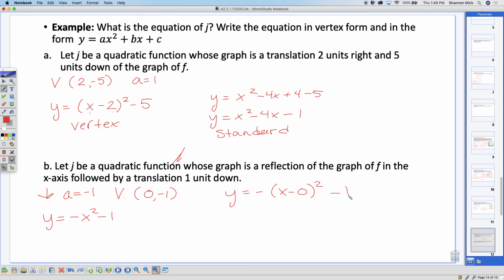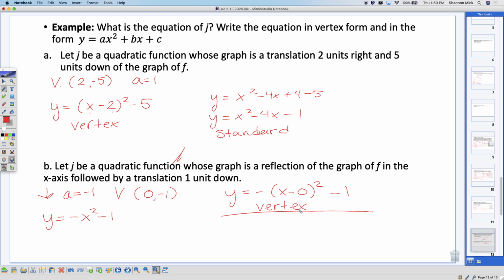But would we leave x minus 0 in an equation? No. The book would say this is the right answer, because technically that is vertex form. But wouldn't we always reduce that? Probably. We wouldn't leave a 0 there.